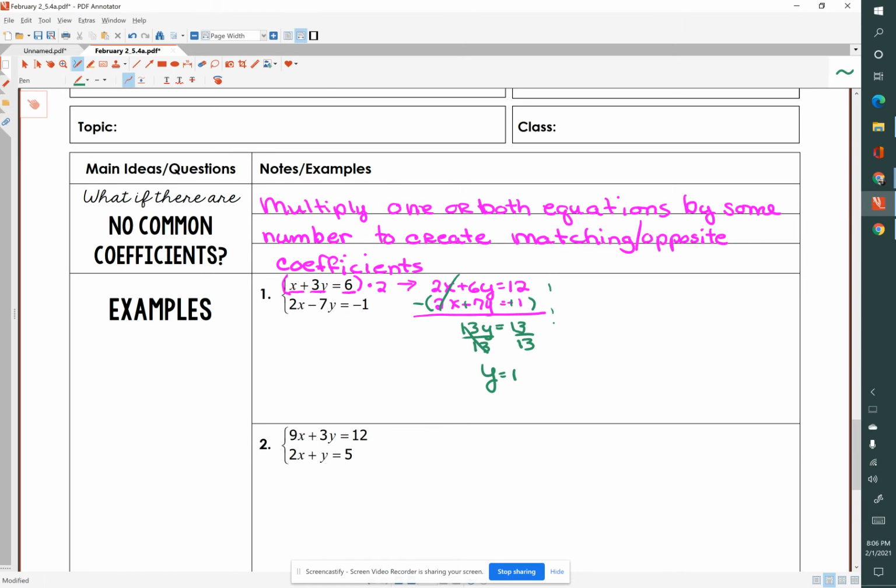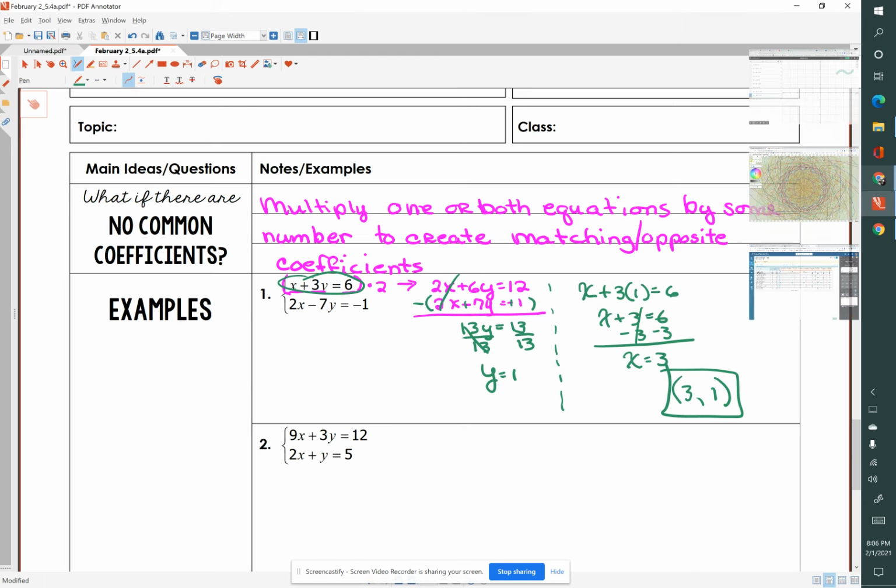So now I'm going to take that 1 and substitute it right in this first equation for y and solve for x. X plus 3 times 1 equals 6. X plus 3 equals 6. Subtract 3 from each side. And x equals 3. And the solution to this equation is 3, 1.